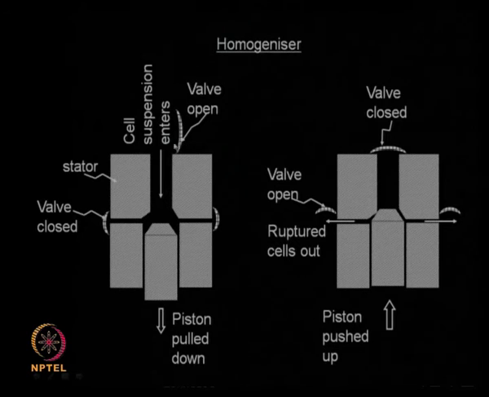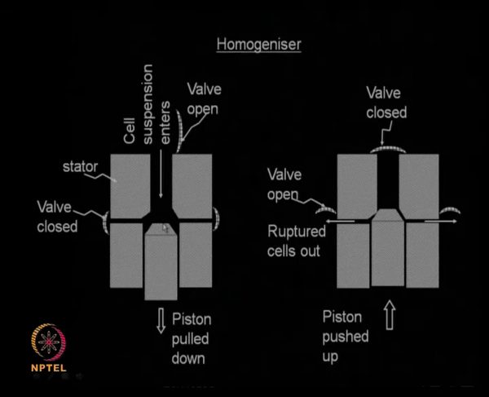This valve opens, so the cell suspension comes in. When the piston is pushed up, the slurry is forced through a very small hole here and these two valves open, so it is pushed out at tremendous pressure because you are pushing it out through a small nozzle, so the cells break. That is the homogenizer.